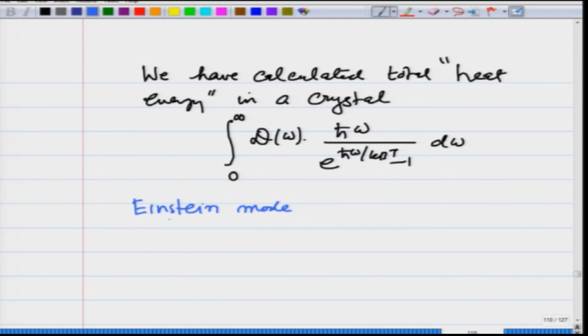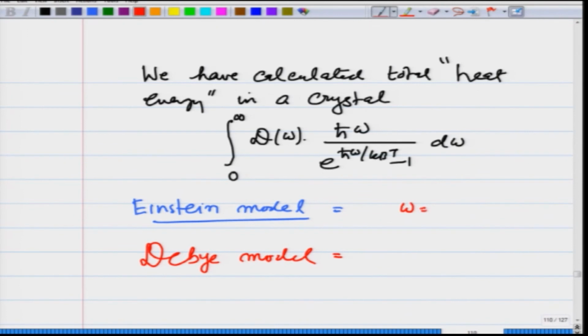Where the heat capacity goes to 0 as T goes to 0, but exponentially, and we have calculated this in Debye model, where we had an approximation for omega_k.